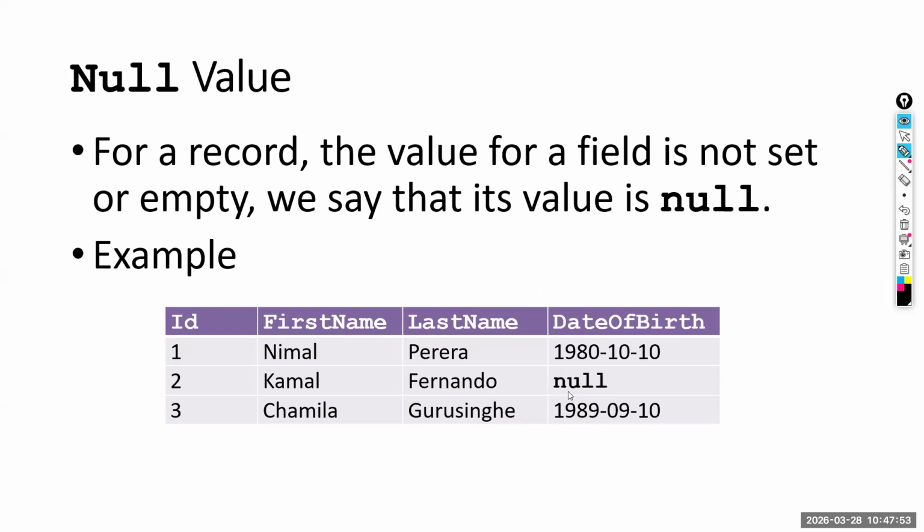So null is not zero, null is not empty, null is a concept called null. This is not null, but date of birth is null for this record. For the other two records, date of birth is not null. So null is not a string, it's a concept like zero or empty set.